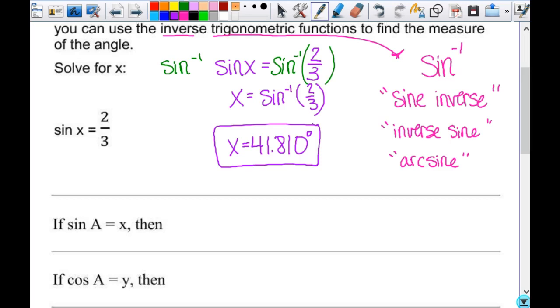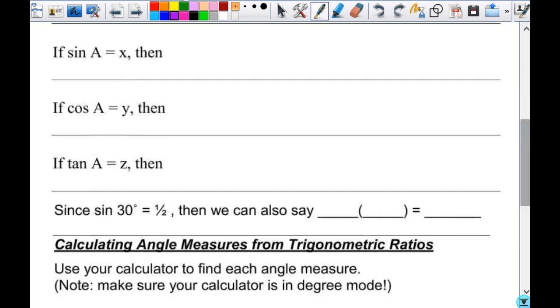So let's look at this. This is just to make sure that you understand it works for all of them. If the sine of A equals x, and I want the measure of angle A, to get the sine away, what do I do? Sine inverse, right? So I take the sine inverse of both sides. So the sine inverse of the sine of A would be what? A. So the measure of angle A equals the sine inverse of x.